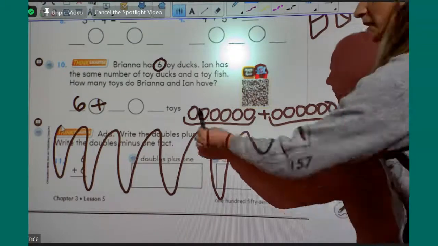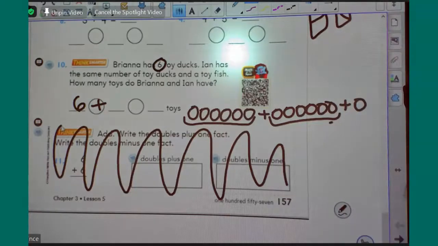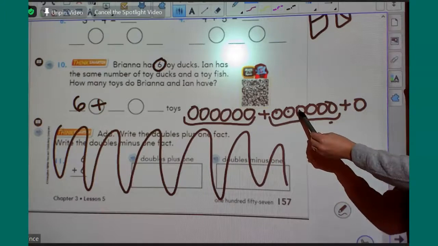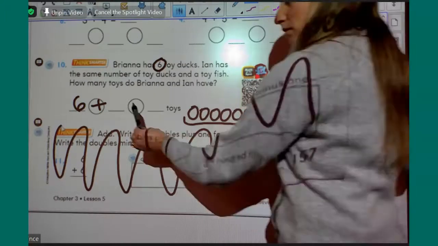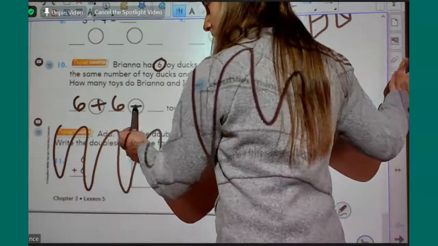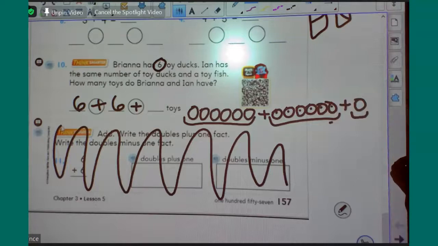So we're done with these. Now we're doing these ones. Six. And then how many more do I need to write? 1.